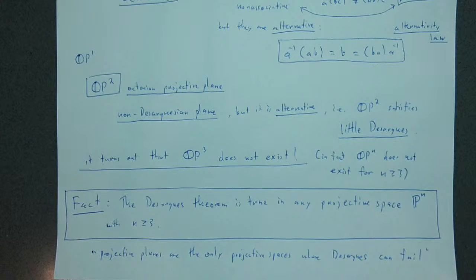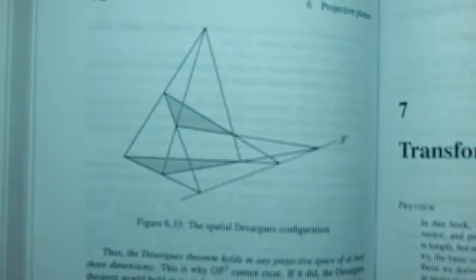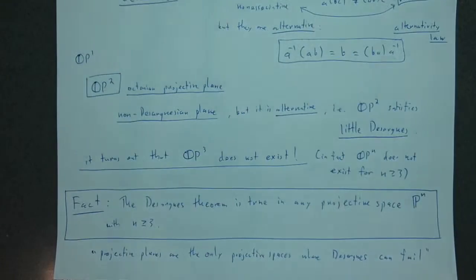Well, you might look at this and say, how can that be? How can this be the case? Let's see what the spatial Desargues configuration would look like. This picture assumes that the two triangles involved are in different planes.